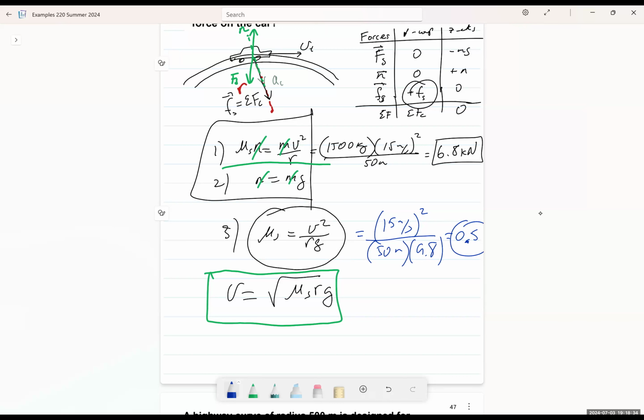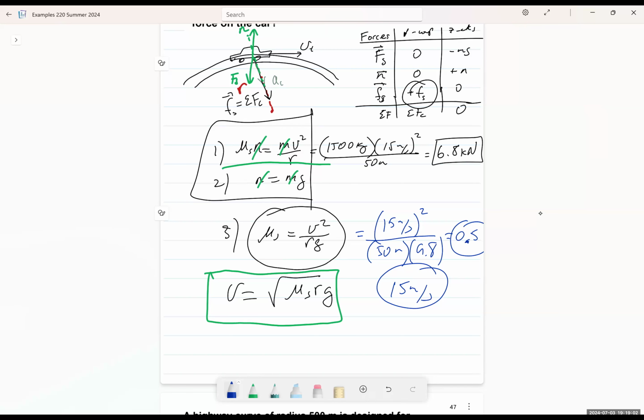Now, the idea is that this 15 meters per second can be considered the maximum speed, or one of the highest you can have. Maybe you can go a little bit faster, but if you go 25 or 30 meters per second, that will be too much for the friction to keep you on the road, and you will slide off the road.